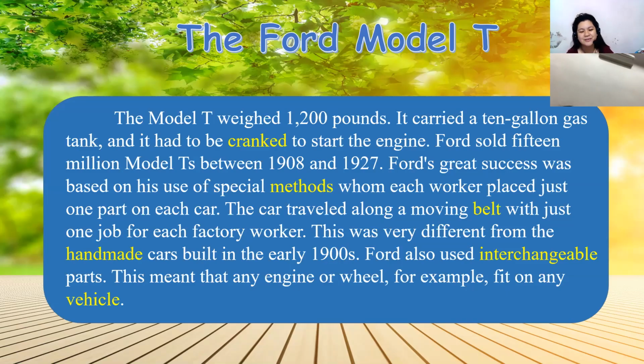Okay, you can also say 1900s, Chi. Ford also used interchangeable parts. This means that any engine or wheel, for example, fit on any vehicle. All right, vehicle. Good job.